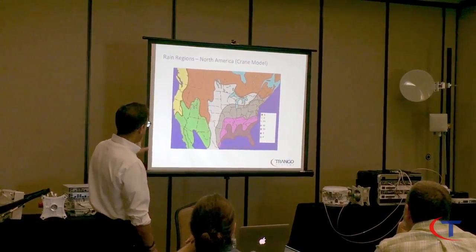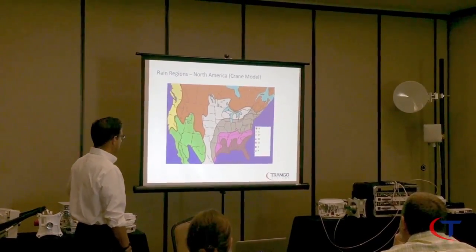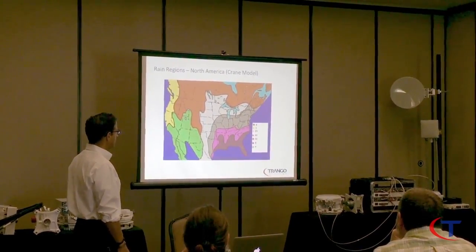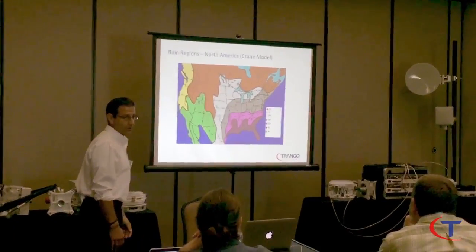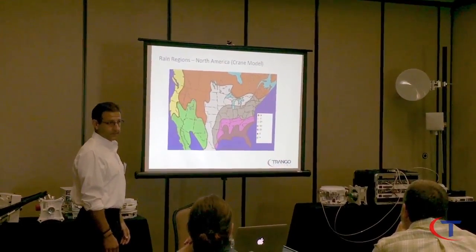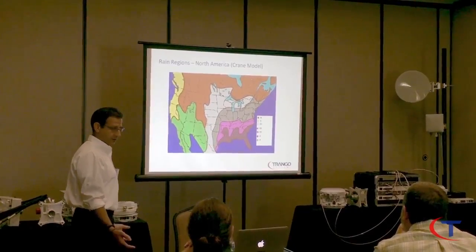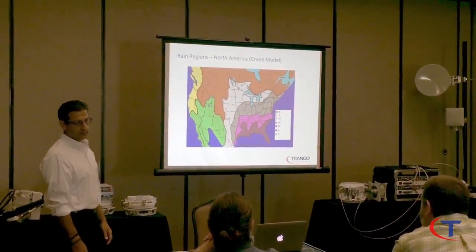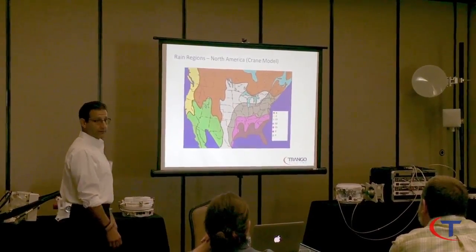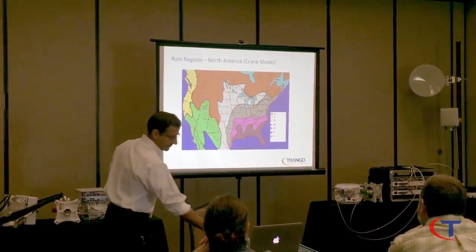So this is a model known as the Crane model. It's probably one of the best, and it's been compiled from data that's been gathered over a few decades. And the Pathloss program and other programs use the algorithms that Crane came up with to calculate rain fade.